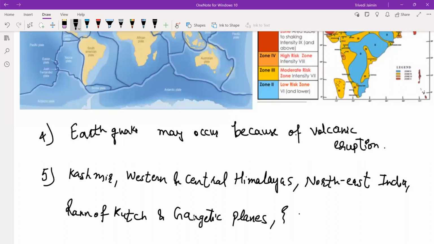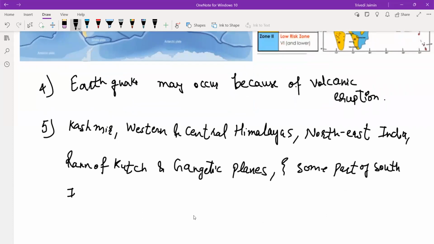And if we add some part of South India. What are they? Prone to earthquakes.